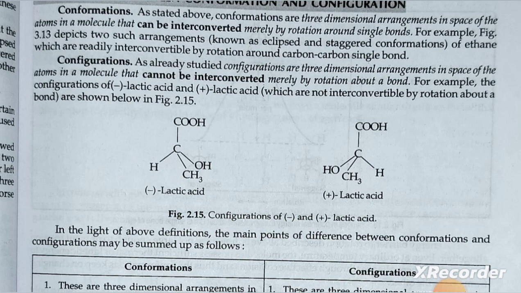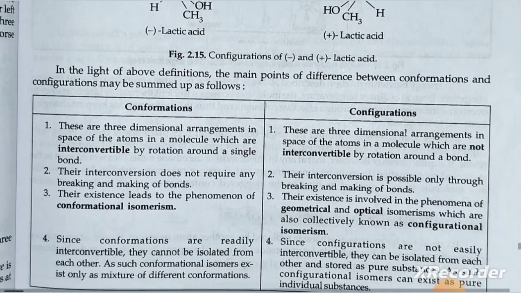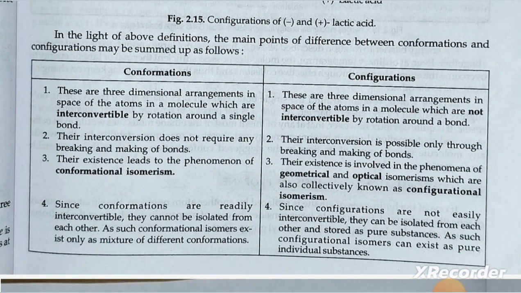In the light of the above definitions, the main points of difference between conformation and configuration may be summed up as follows. In conformational isomerism, these are three-dimensional arrangements in space of atoms in a molecule which are interconvertible by rotation around a single bond, whereas configurational isomers are three-dimensional arrangements in space of atoms in a molecule which are not interconvertible by rotation around a bond.